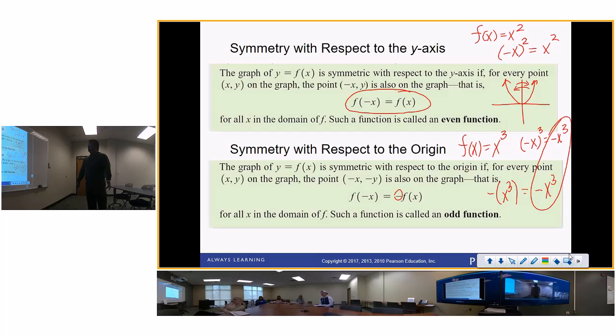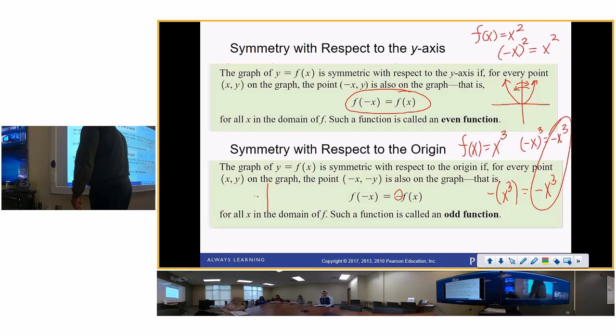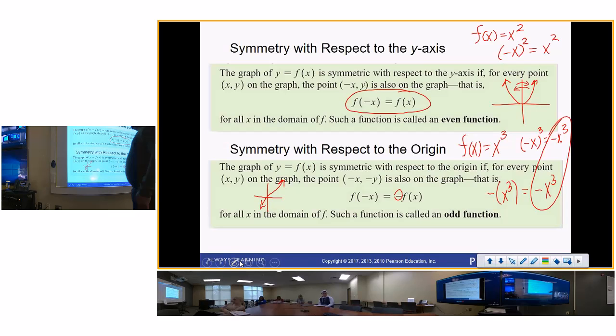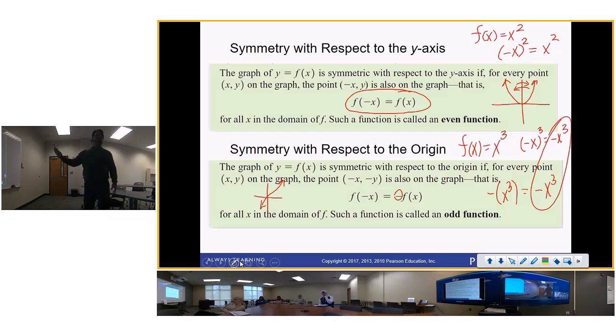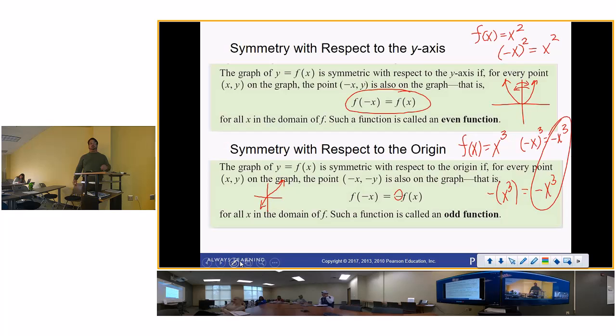Yes, Hubert. Negative x cubed is equal to negative x cubed. So therefore, it's symmetrical around the what? It's symmetrical around the origin, meaning that it flips. The mirror point is on the origin. So that's how you do that, algebraically. And y'all should have seen that in Math 101 and 102. That's kind of a review.